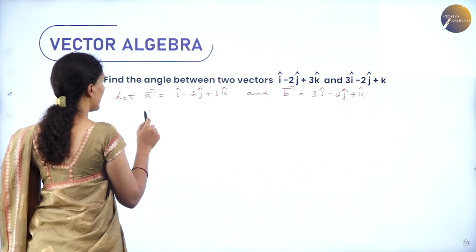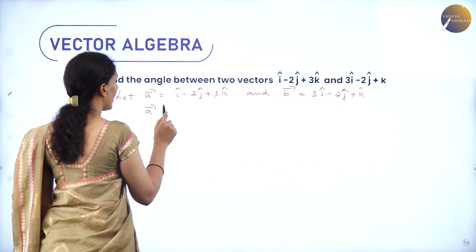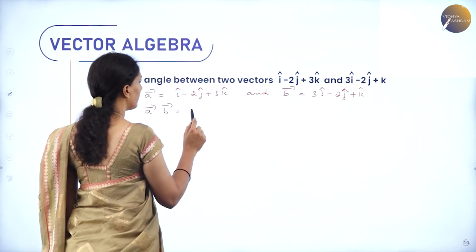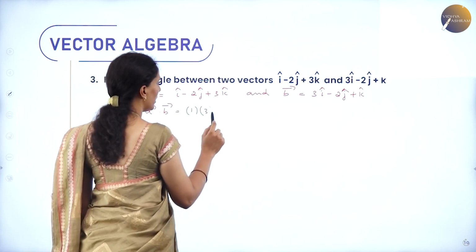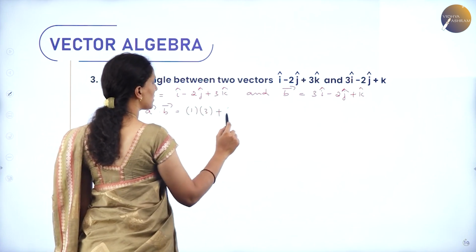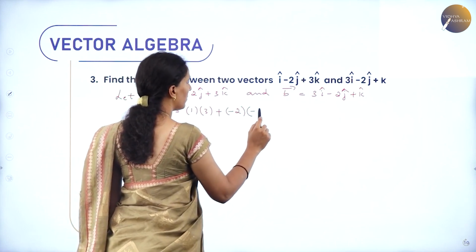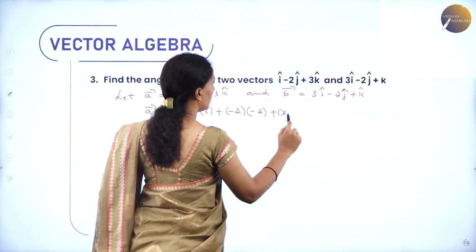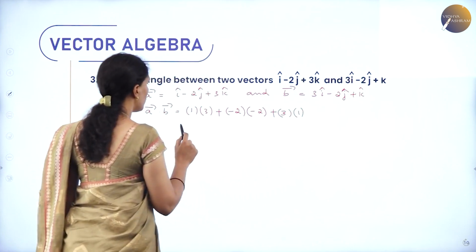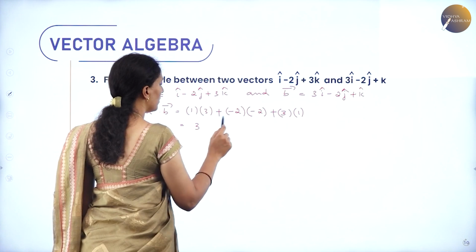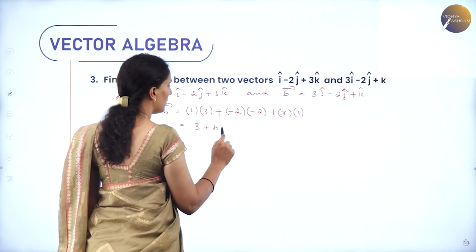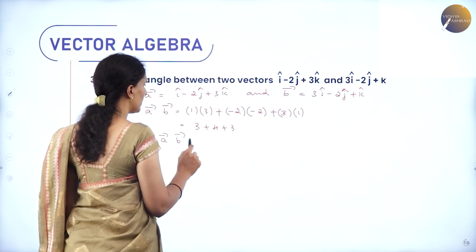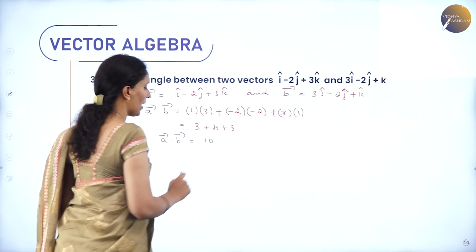Let me find A dot B first. A dot B is 1 into 3 for the i components, plus minus 2 into minus 2 for the j components, plus 3 into 1 for the k components. So we get 3 plus 4 plus 3. Therefore, A dot B is equal to 10.